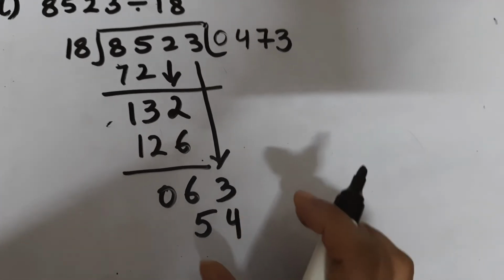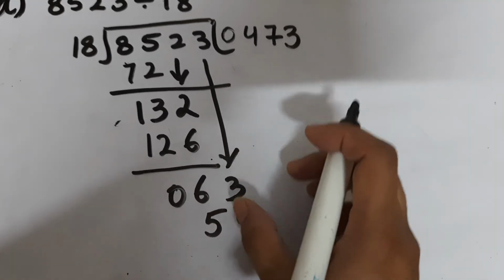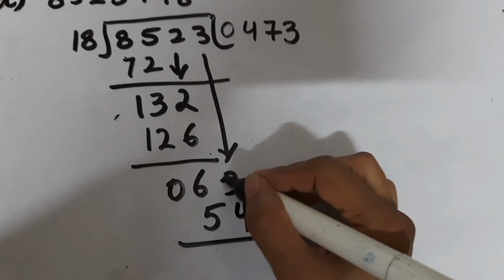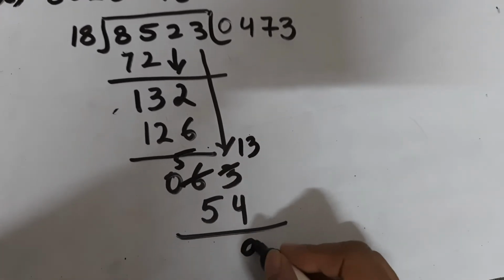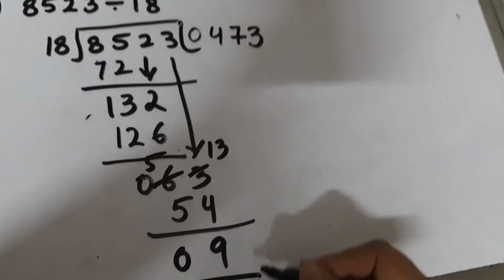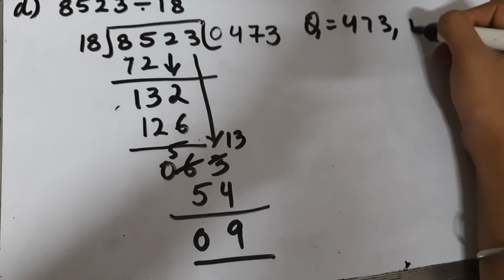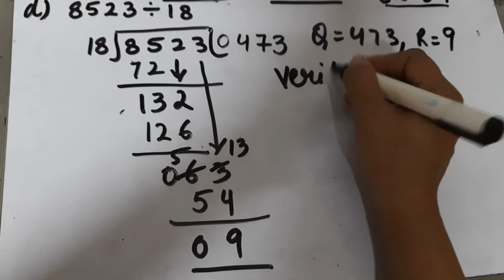Okay, because 18 fours are 72 will be greater than 63, so we will take 18 threes are 54. Now subtract it. 13 minus 4 is 9, and 5 minus 5 is 0. So our quotient is 473 and remainder is 9. Now we have to verify also.